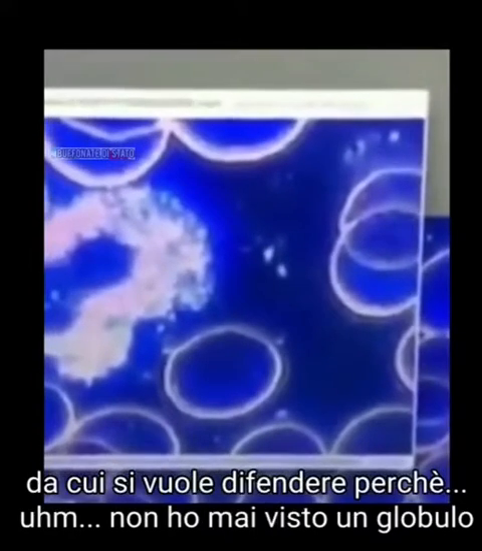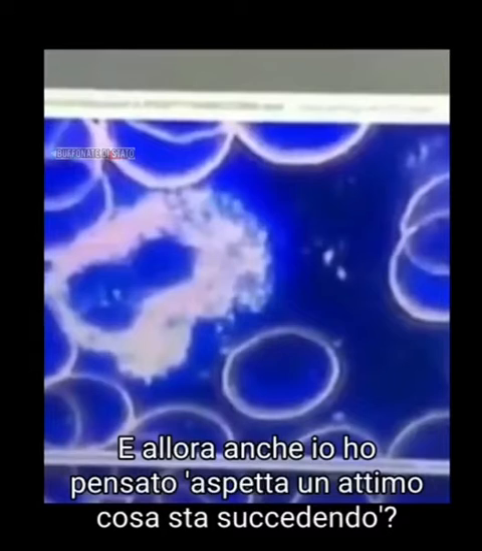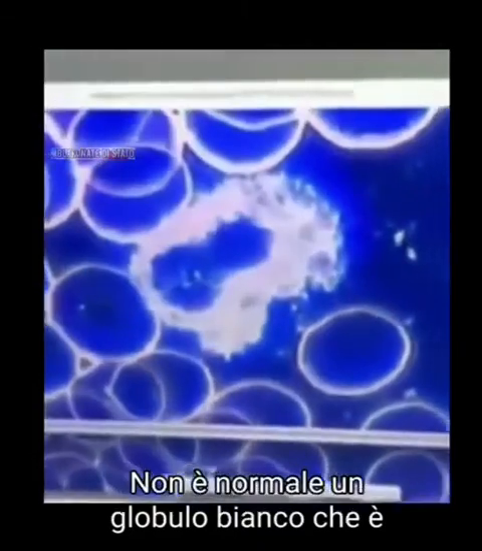I have never seen a white blood cell like this, so it was for me also like, wow, what's this? Why is this so aggressively working? Right. Like you could say if an autoimmune activity or something goes on, the cells attacking something very strong. So it was not a normal white blood cell which we saw here.